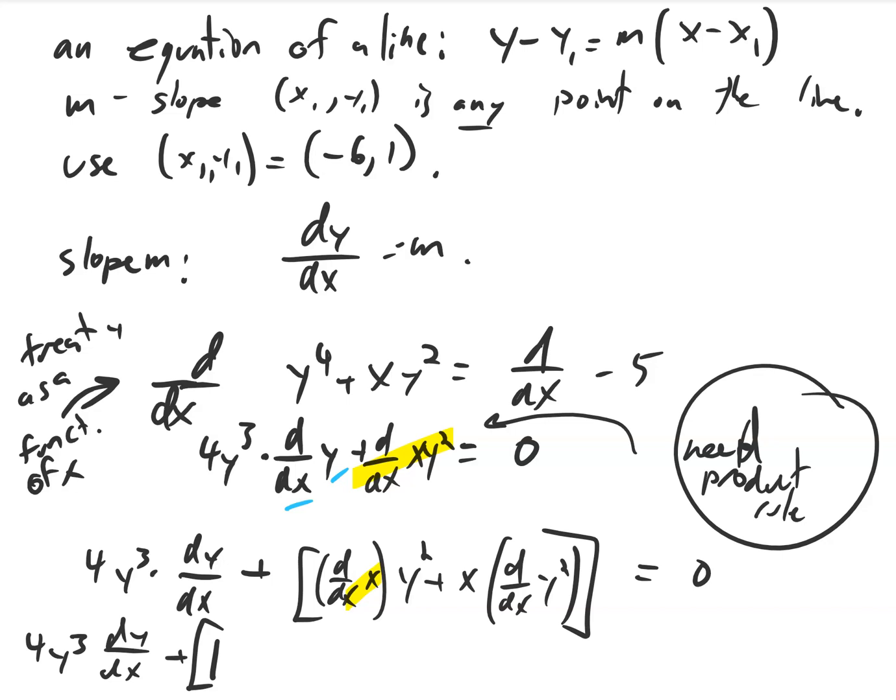Okay, so we take the derivative with respect to x of x, we get 1 times y squared, plus x, and then the derivative of y squared with respect to x is 2y, but then because we're doing implicit differentiation, observe that these variables don't match, we get 2y then times dy dx that pops out because of chain rule.